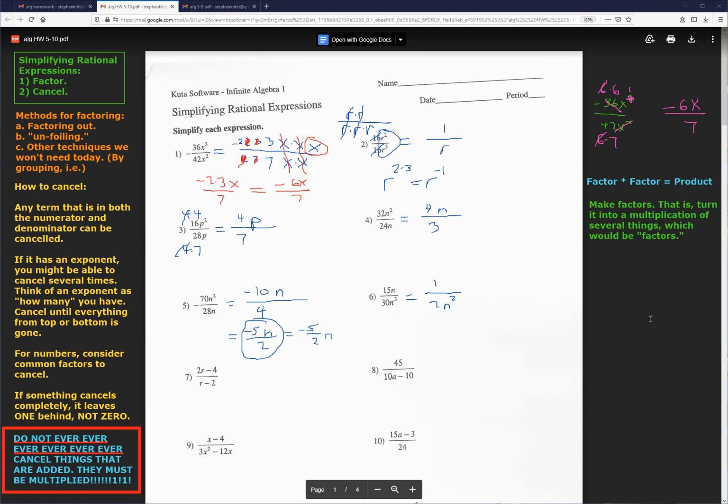So we have to rewrite our expression here as factors. And the reason I know we need to consider this is because we've got a minus sign, 2 minus signs actually. But if you see multiple pluses or minuses, or just any pluses or minuses really, that means you have more than one term.